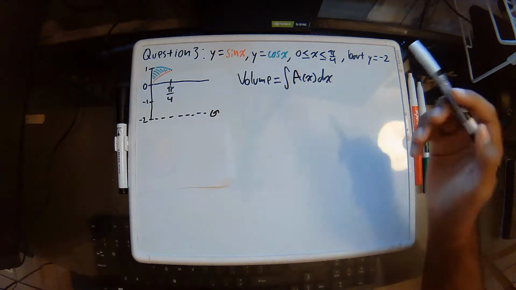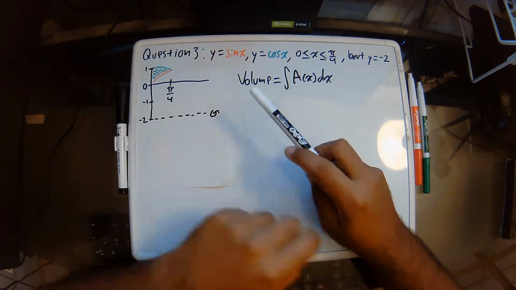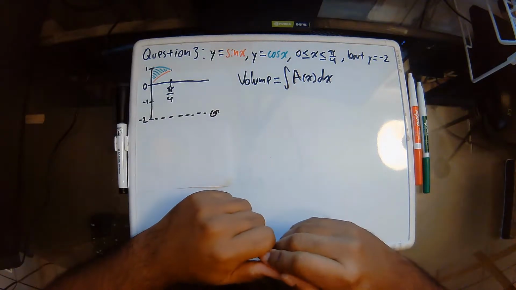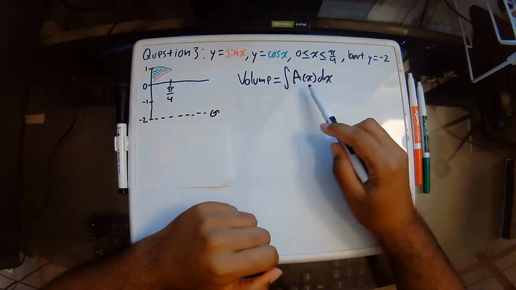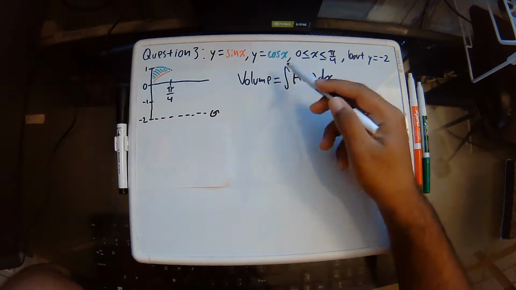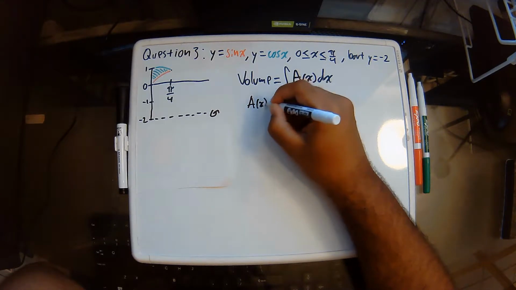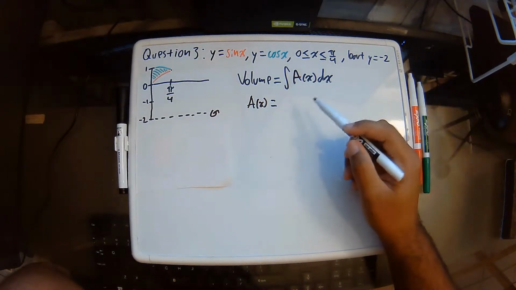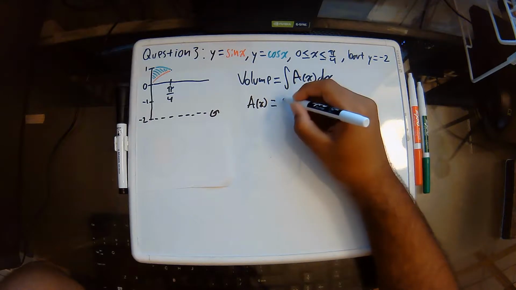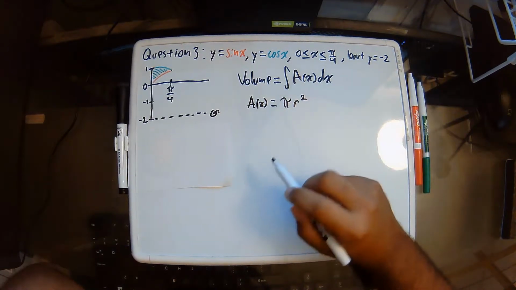So, to begin, we have to recall that volume equals the integral of the area that we see. We also have to recall that area of a circle equals pi r squared.